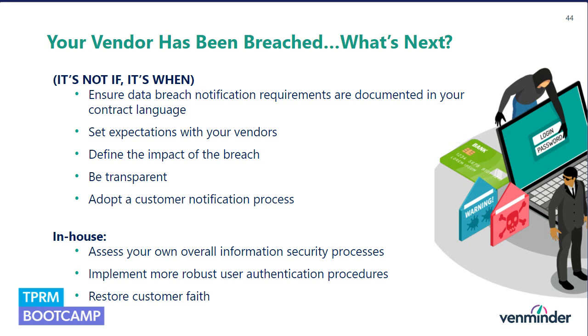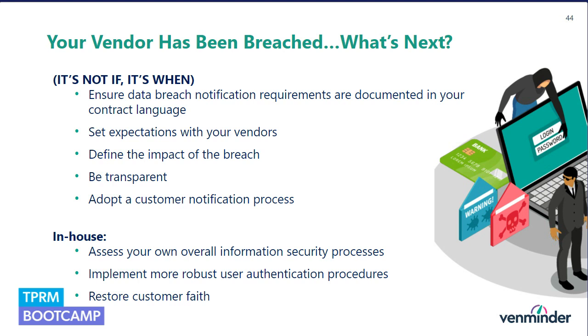Next, you're going to want to define the impact of the breach. Understand what you're dealing with. Was the breach isolated to one individual? Did it impact multiple customers? Making sure that you're kept in the loop on those things is essential. Defining the impact is imperative because you're going to have to be transparent when it's your turn to make notifications.